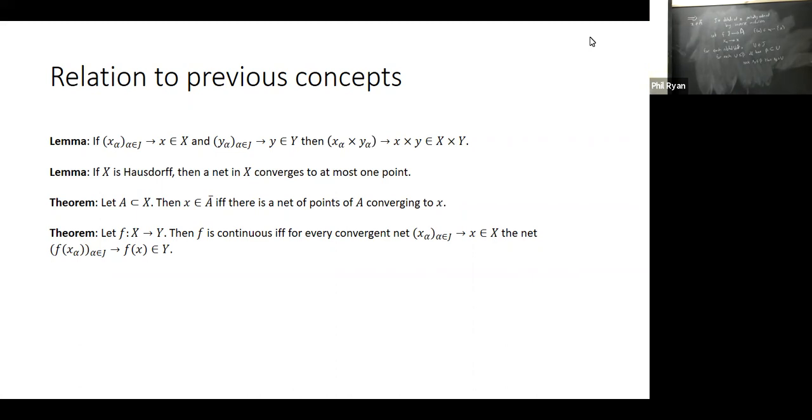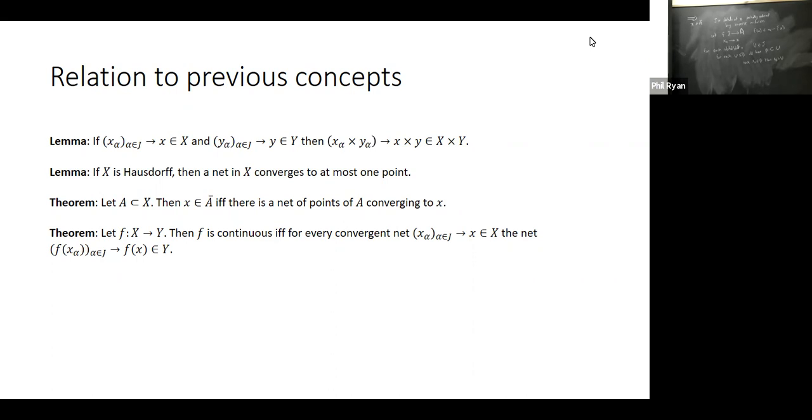So here we've got a convergence. What we've got is f is continuous, and we've got x alpha goes to x. So we want to show that f of x alpha goes to f of x. Given any neighborhood of f of x, there exists an alpha such that f of x alpha lies within that neighborhood.